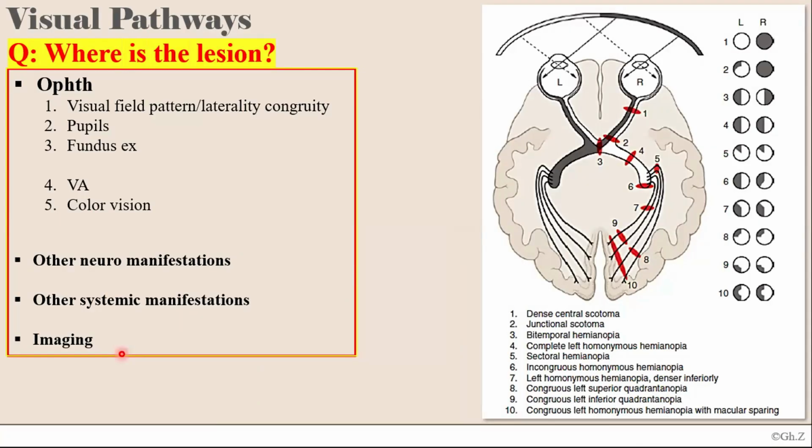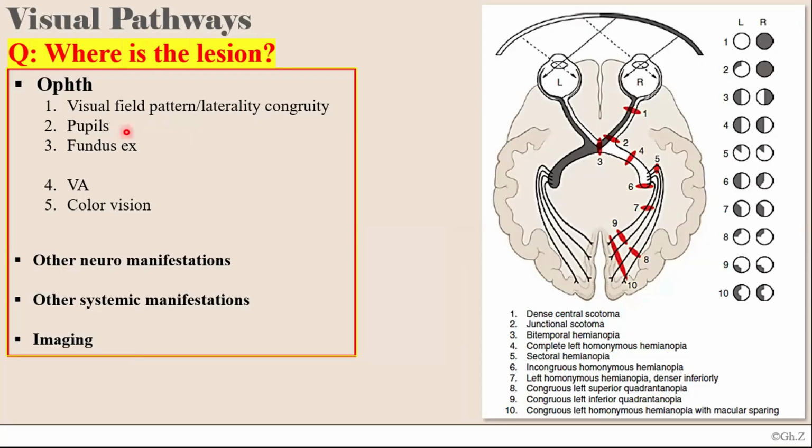When it comes to ophthalmic manifestations or features, from the pattern of visual field, laterality, monocular or binocular, congruous or not congruous, pupils examination, fundus examination, and also visual acuity and color vision.